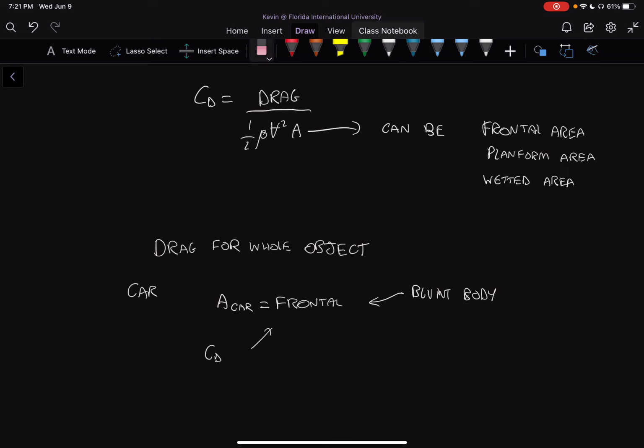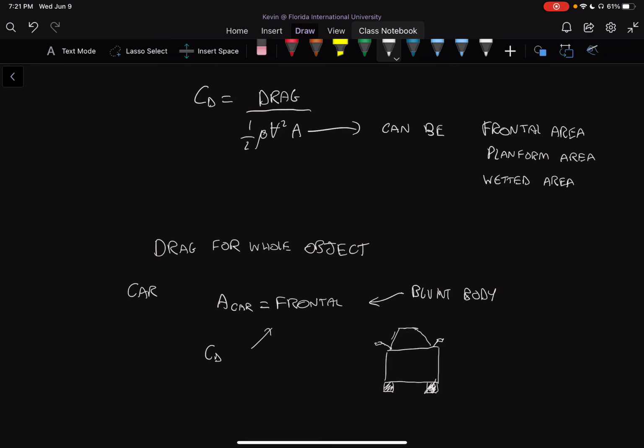So if we have a car and we have a view of the car from the front with our wheels like this at the bottom, and let's say we have our windscreen in this sort of shape and the car continues, and then we have wing mirrors, for example, going out, and that's pretty much our area.